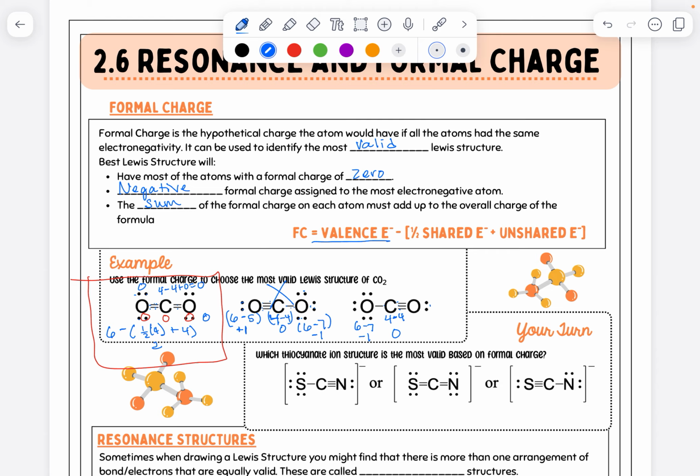And then again, this oxygen has 6 minus 1, 2, 3, or half of 6, which is 3, plus 2 is 5. 6 minus 5 gives me a +1. So it's the same as the other one, it's just flipped, right? So again, that's not the best structure.